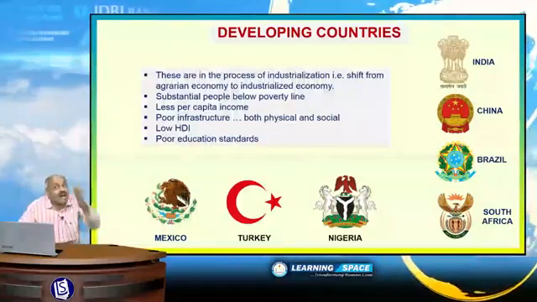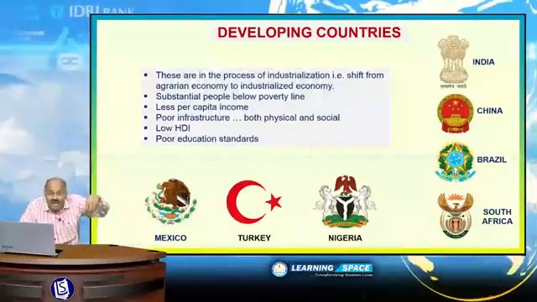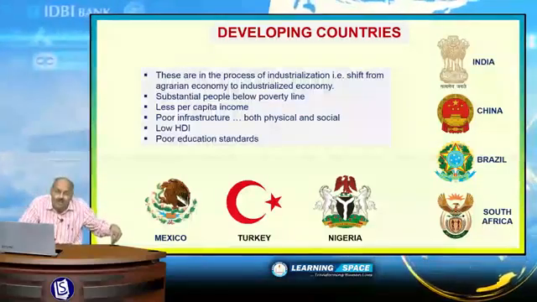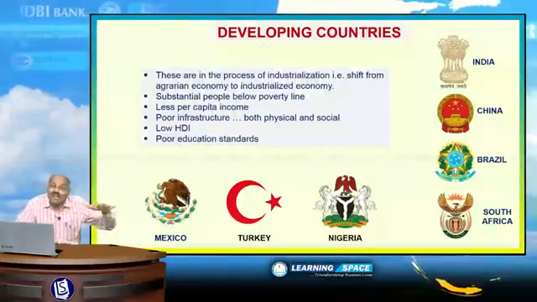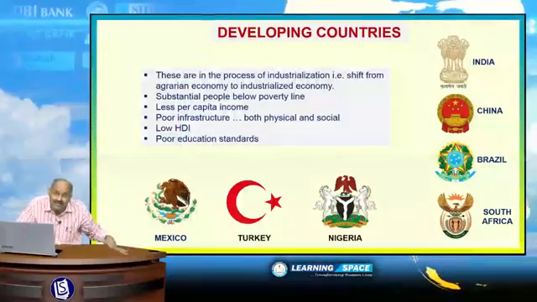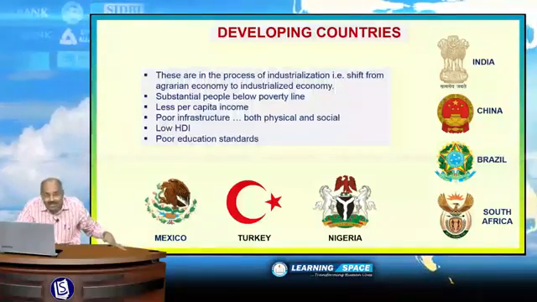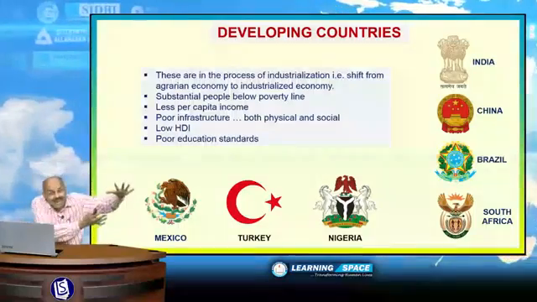Leaving that point, the other feature of developing countries is that substantial people are below the poverty line. If you look at India, around 20 to 30% people are still below the poverty line. If you look at China, though it has made a lot of progress, several people are still below the poverty line in the rural hinterland.